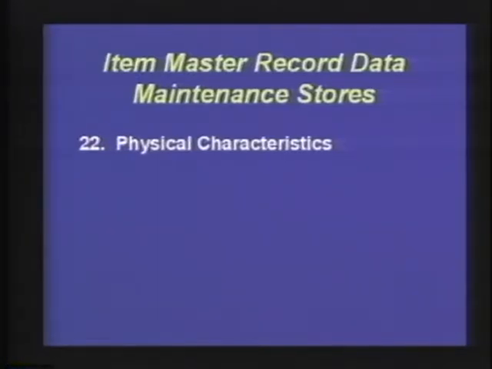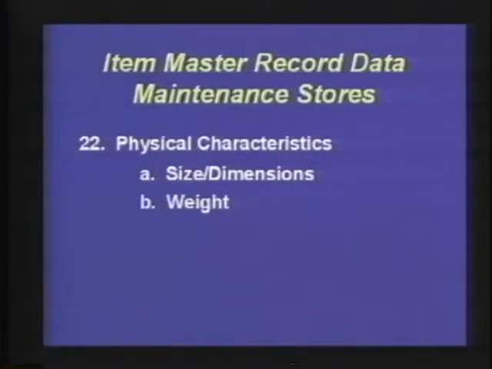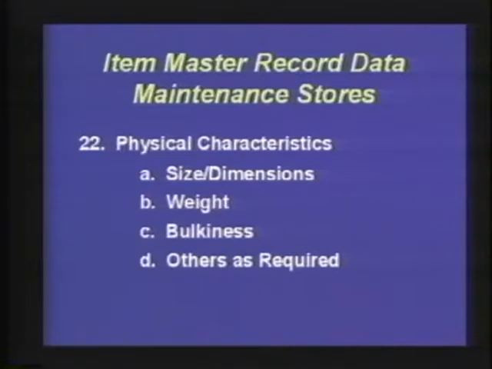So some of the things that you may want to have in the item master record for physical characteristics would be the size and dimensions, the weight, the bulkiness of the item, and any other data element that would help us to develop how we're going to store that material. And item number 23 is a pilferage code, and we discussed this earlier, and these are items that should be housed in what I call a bonded storeroom within the major storeroom itself.